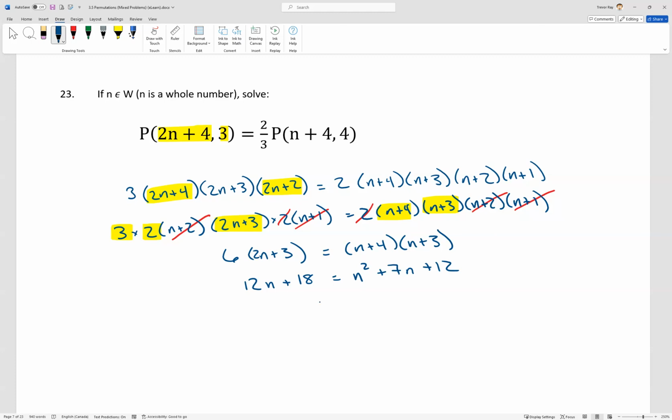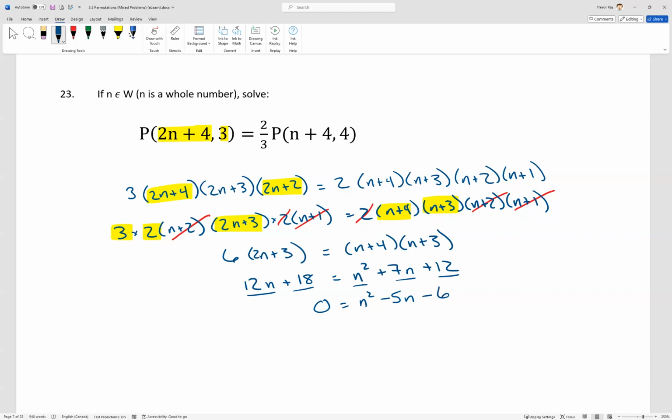From there, I'm going to move everything to the right-hand side because I can. So n squared stays, 7n subtract 12n will give me negative 5n, and 12 minus 18 will give me minus 6.